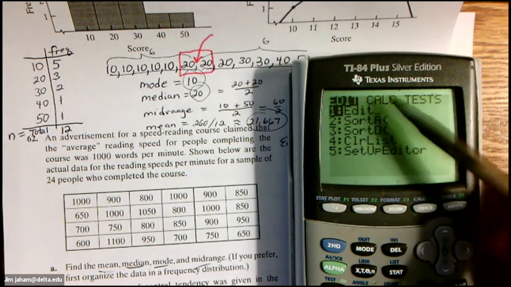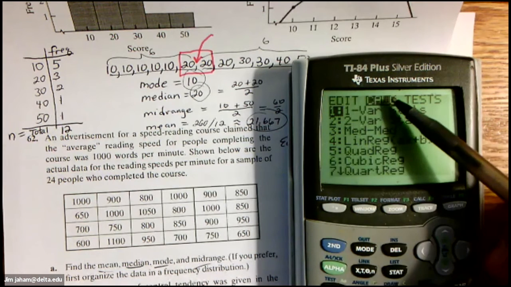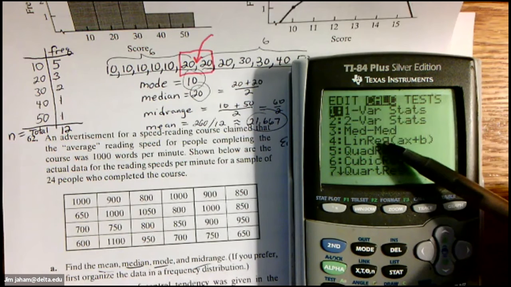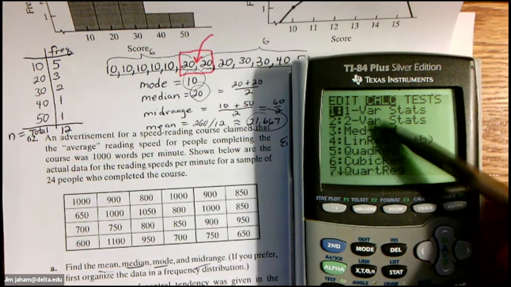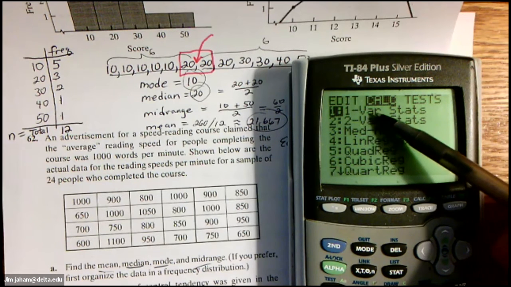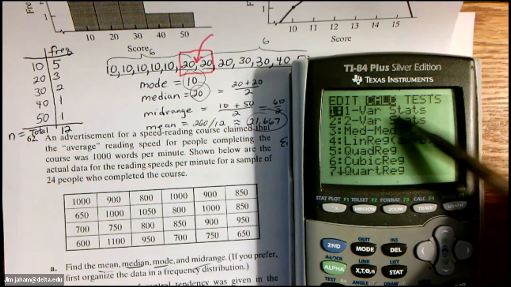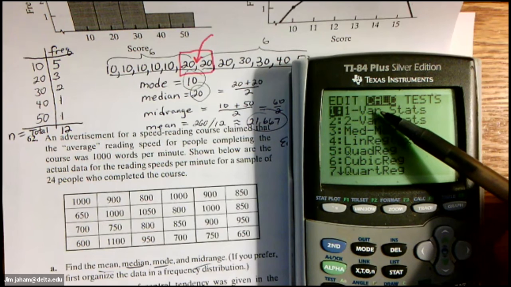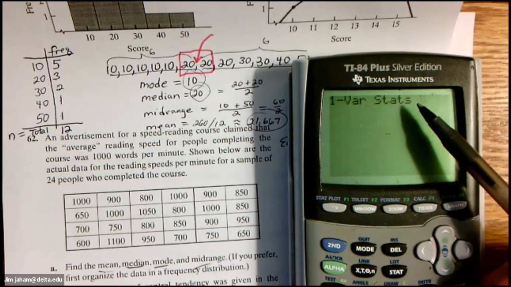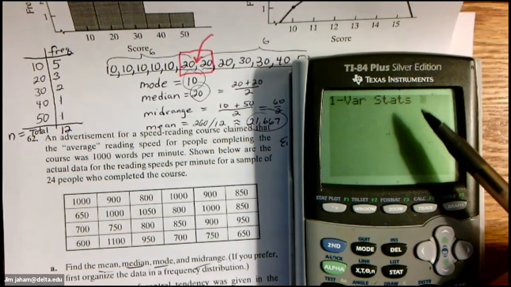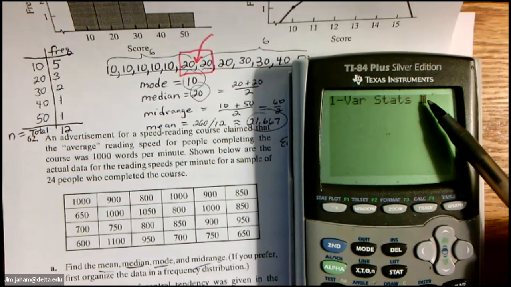When you want to calculate something, you go over to this middle menu. And we've done some work with linear regression here, so you're somewhat familiar with that, and quadratic regression and so on. But the one we want here is the first option. This gives us the statistics that correspond to the single variable. Which variable? Well, it's the variable where we entered our data, usually L1. So I'm going to select one variable statistics. Now, I have an old calculator.